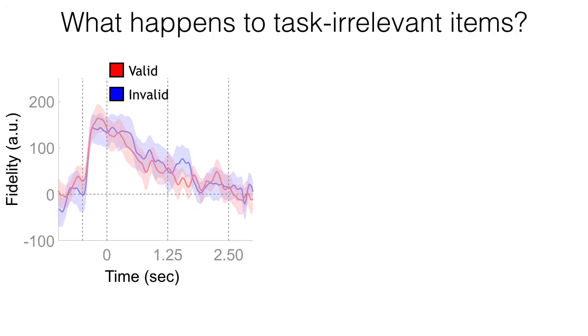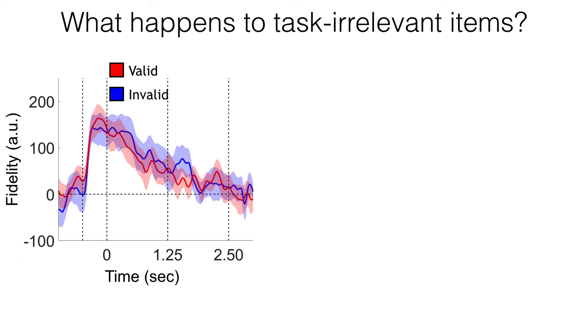So here in this graph, we're also showing fidelity as a function of time, but instead of having matching and non-matching, we took both of the task irrelevant stimuli, being the one not matching the cue during valid blocks and the one matching the cue during invalid blocks. So both of these are the items that participants should be ignoring or forgetting.